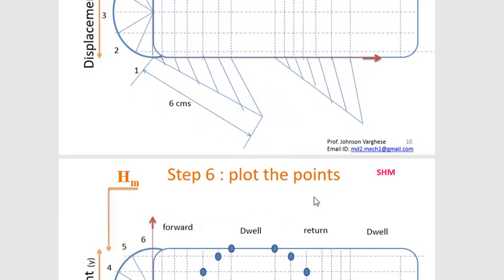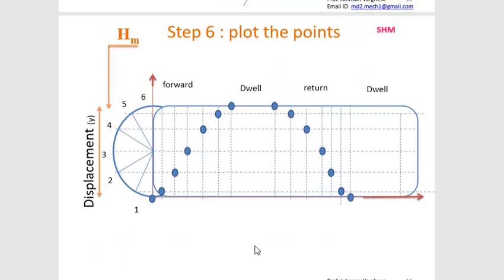Now once that is done, I will be locating the points, plotting the points. So this is the initial point I have, and I have this as my first vertical line and the first horizontal line. So wherever my first vertical line and first horizontal line intersect, I will say that that is my point.